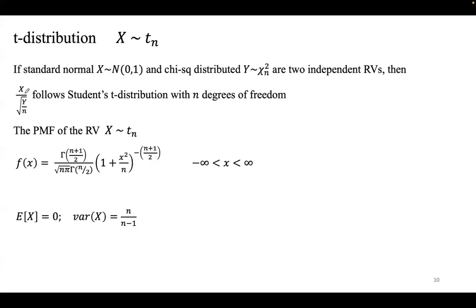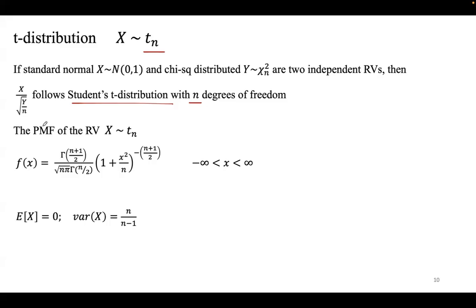These are all just mathematical operations. So the resulting random variable follows the t distribution, or Student's t distribution, and that also has n degrees of freedom. We refer to it as t with n as the parameter.